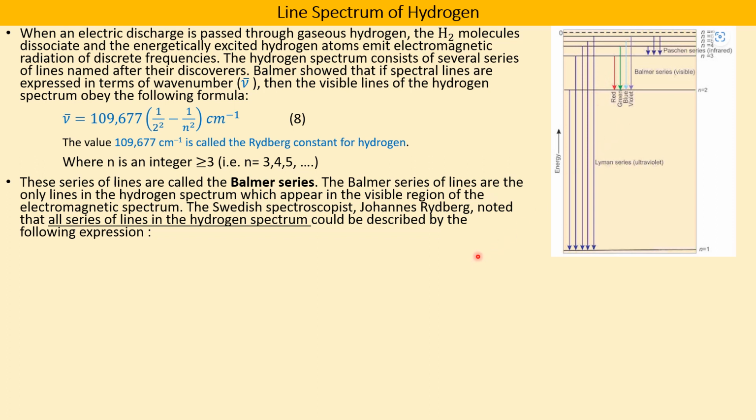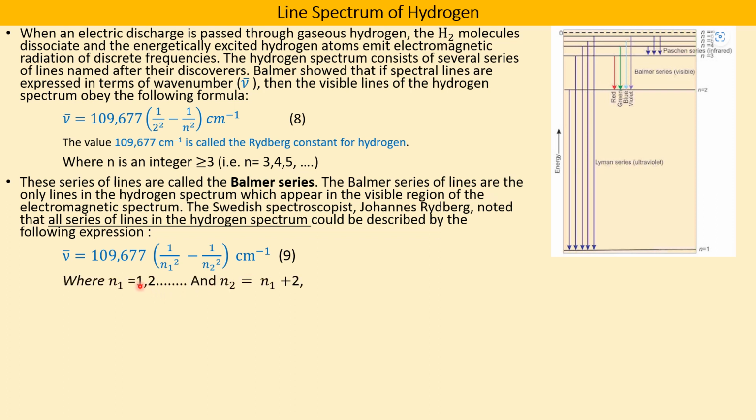The Swedish spectroscopist Johannes Rydberg noted that all series of lines in the hydrogen spectrum could be described by the expression ν̄ = 109,677 × (1/n1² − 1/n2²) per centimeter. Let it be equation 9.